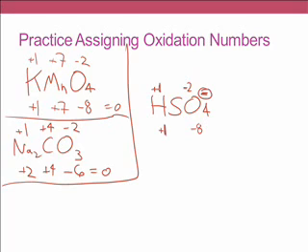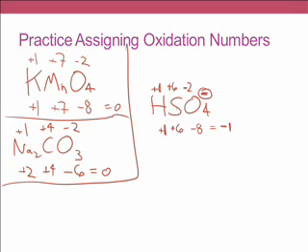Now these together must equal a total charge of -1. Not 0, but -1, because the polyatomic has a charge of -1. So that means sulfur must be +6 in order for it to add up to a total charge of -1.